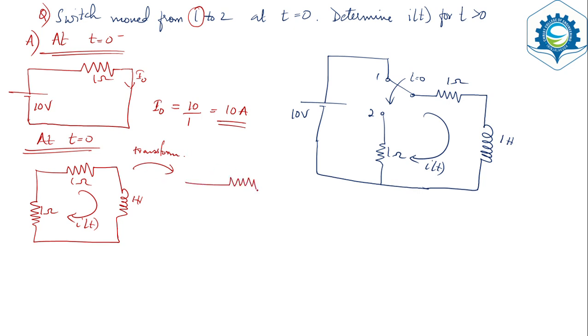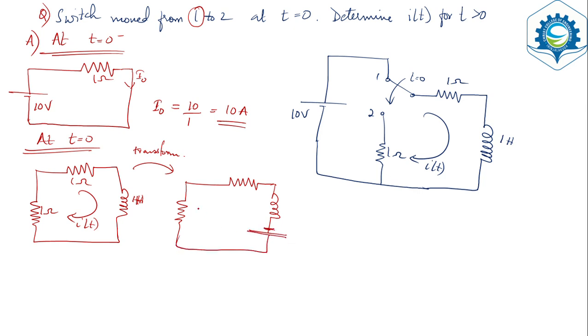The resistor will be the resistor itself. Instead of the inductor, you will have an inductor in series with a voltage source. The voltage source will be present only if there is an initial current. Since you already have an initial current here, you will have a voltage source with polarity minus first and then plus.